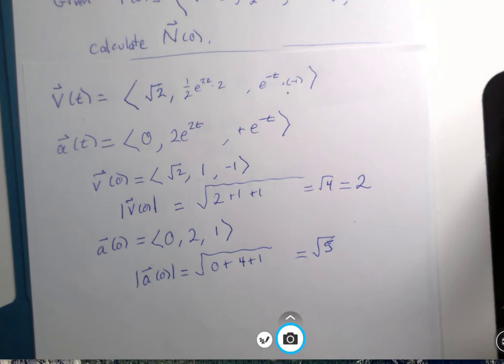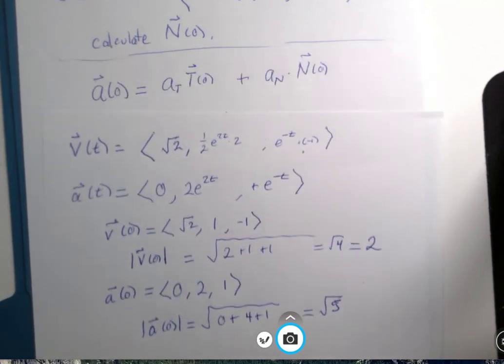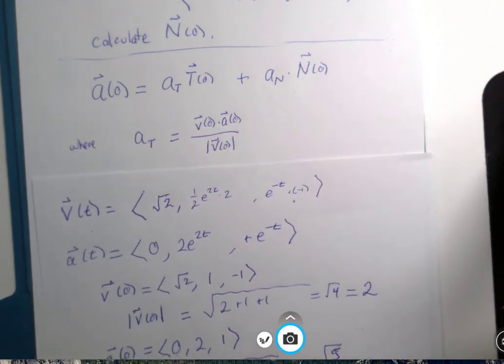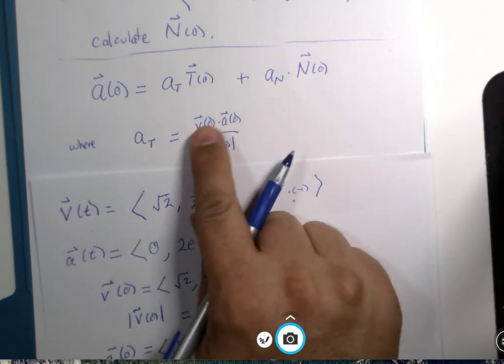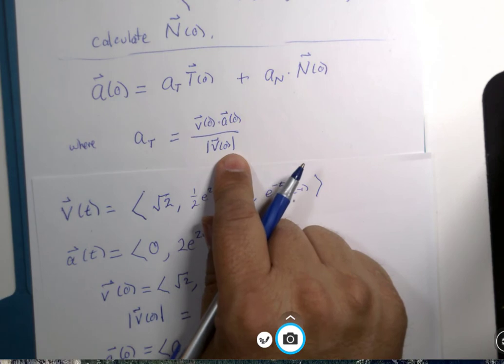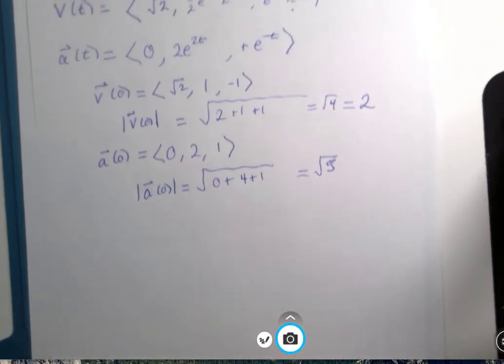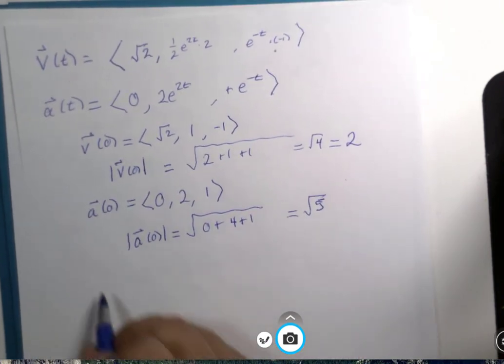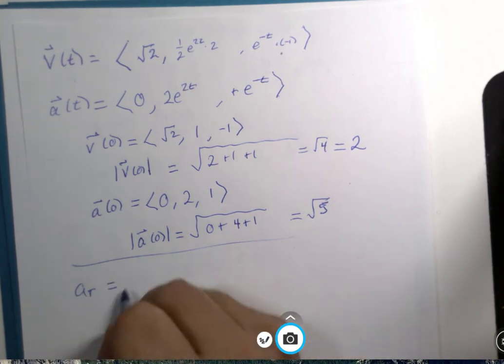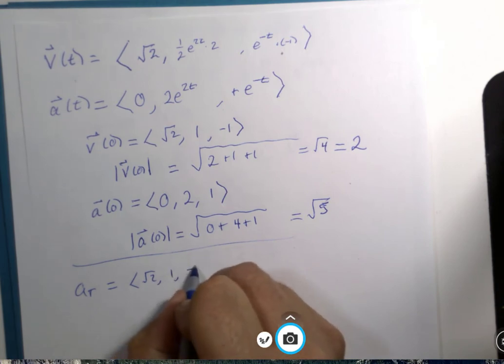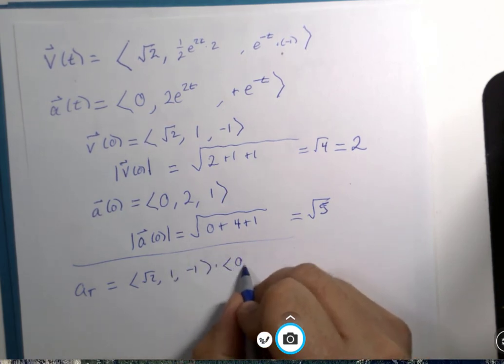But now I need to show you how to apply the pieces. So let's let these other formulas come back into view. First things first, the scalar that goes with the tangent vector: I need to do the dot product of two vectors divided by a magnitude. The dot product of the two vectors would be root 2, 1, negative 1, dot product 0, 2, 1.